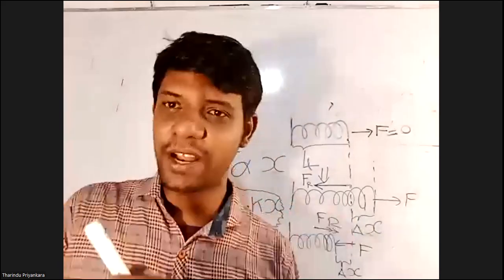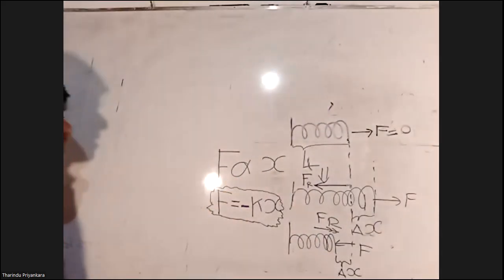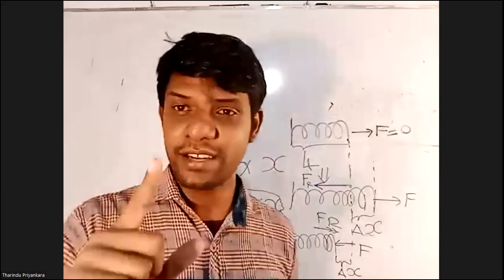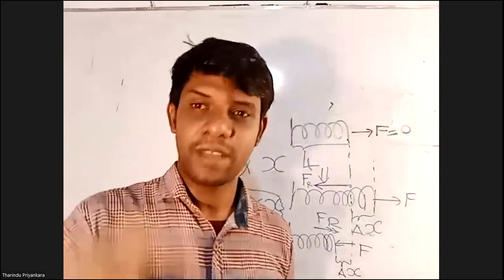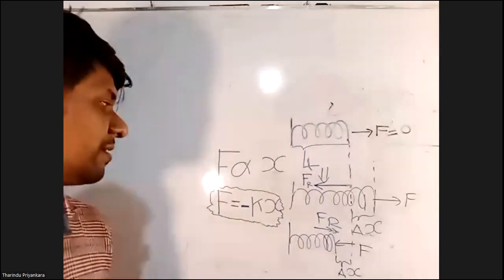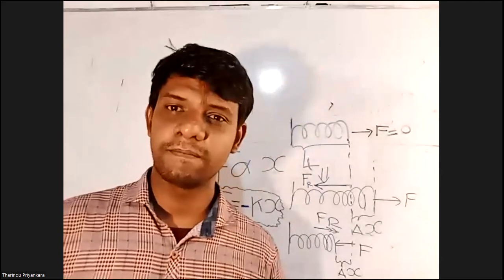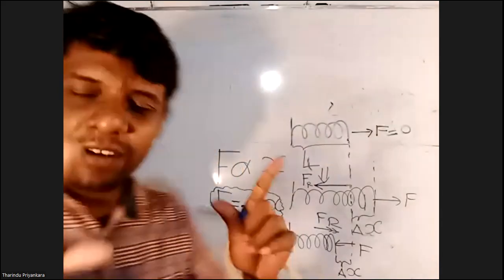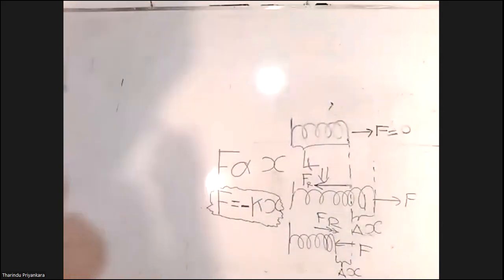The last one is X. X is the extension or compression of the spring. Extension or compression in the spring. Open a bracket and write change of length.